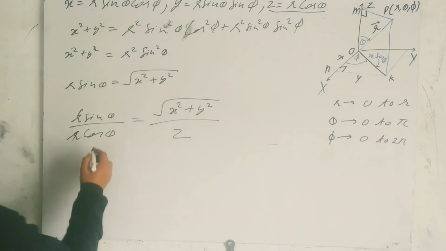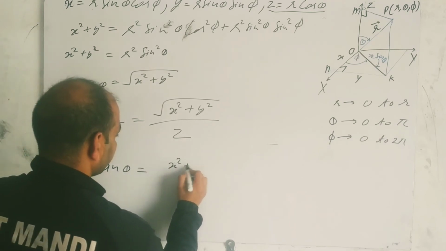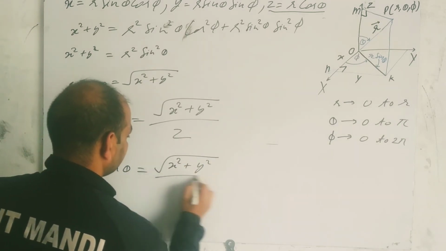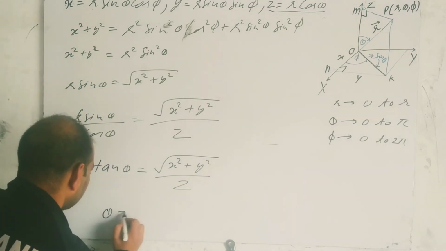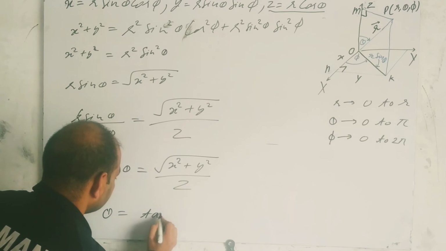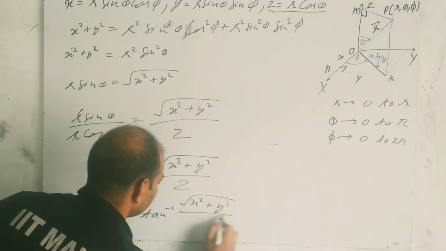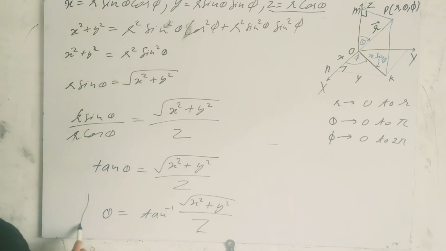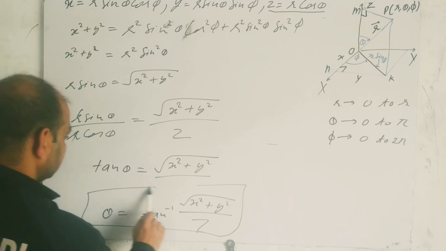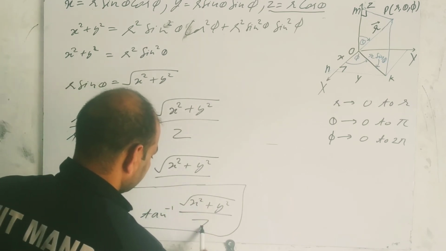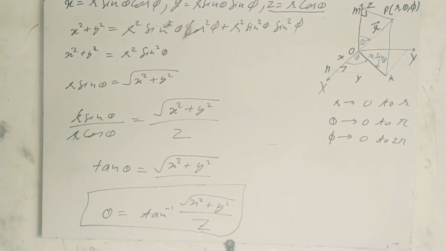What is left is tan theta is equal to the square root of x square plus y square divided by z. So theta is going to be tan inverse of the square root of x square plus y square divided by z. This is the relation. So again, if we know x, y and z, we can find the value of theta also.